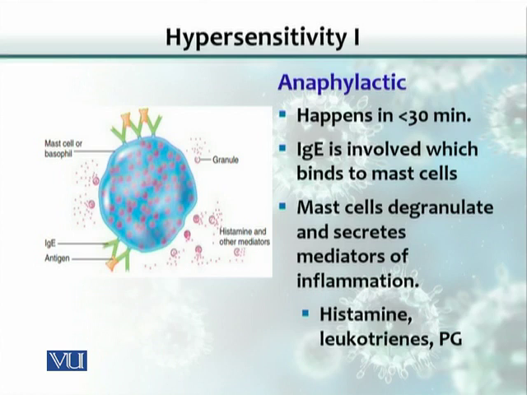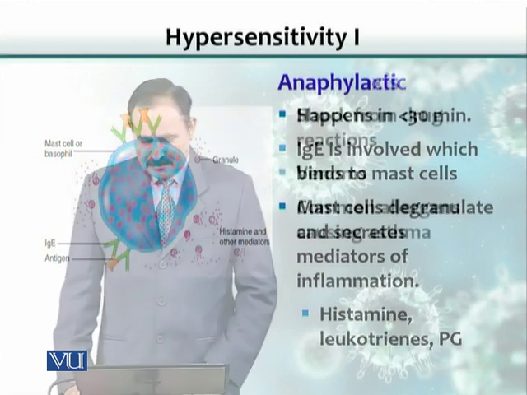Leukotrienes and prostaglandins have various effects on the smooth muscles of the body. Smooth muscles are present in the bronchioles in the respiratory system, and contraction of these smooth muscles would lead to narrowing of the airway. That is the reason the person feels labored breathing or difficulty in breathing.